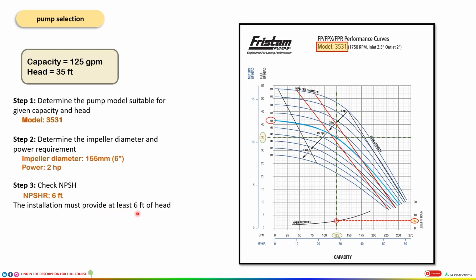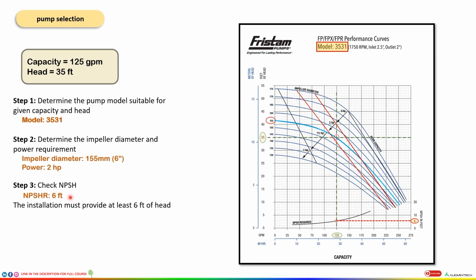This means if you are using this pump, model number 3531, impeller diameter 6 inches, power 2 HP, the NPSH requirement is 6 feet. So in the actual location of the project, there has to be at least 6 feet of head available.